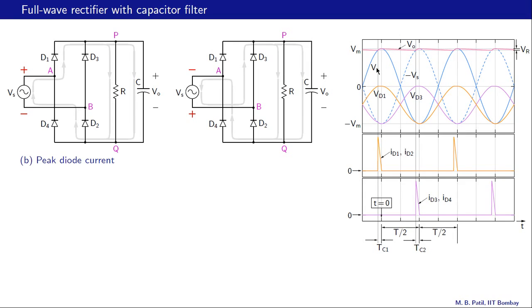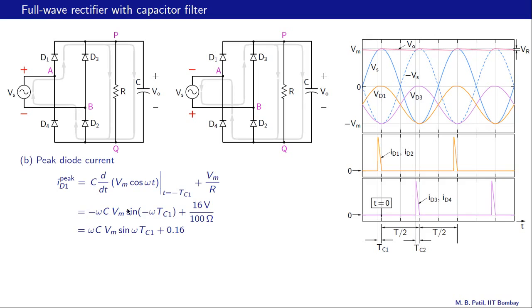The resistor current, of course, we already know is approximately Vm by R, and the capacitor current, like in the half wave case, is given by the slope of the input voltage, and it is maximum at t equal to minus Tc1.